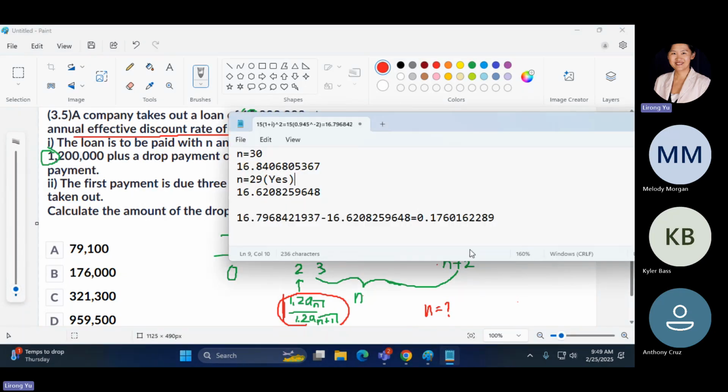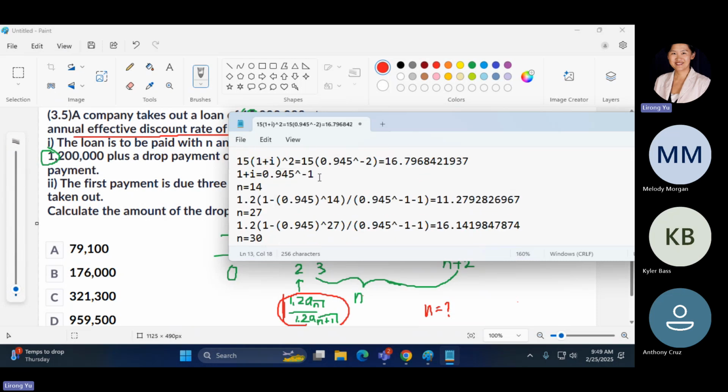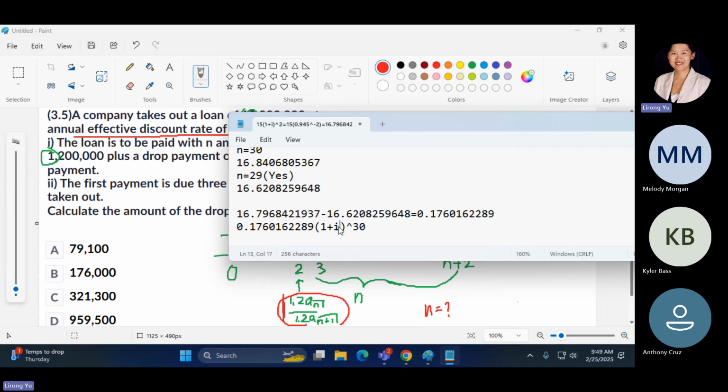So we should multiply this by the interest rate factor. This is the payment after the 29th payment, so I think the power should be 30, right? 1 plus i to the power 30. Now what's 1 plus i? We're replacing the 1 plus i by using the discount factor for its computation. And that should be the value.